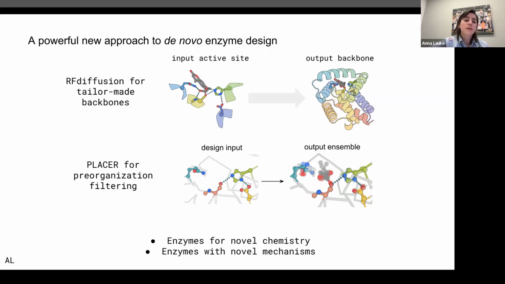And then we think this tool, PLACER, is going to be really important for filtering designs and deciding which designs are the most pre-organized, which designs are adopting the right geometries for catalysis. And so here we presented this design of serine hydrolases, which already exist. They're one of the most common enzymes in nature, but hopefully we can use this approach for designing enzymes that do novel chemistry or use mechanisms that we don't have a handbook for already in nature.